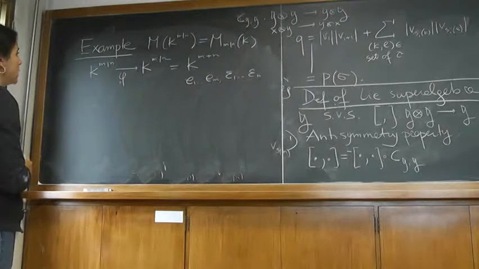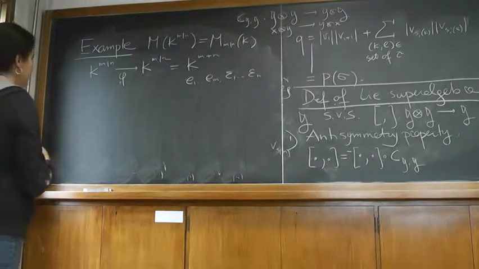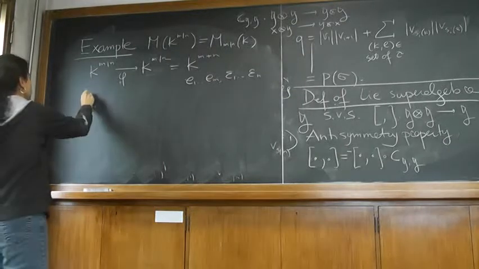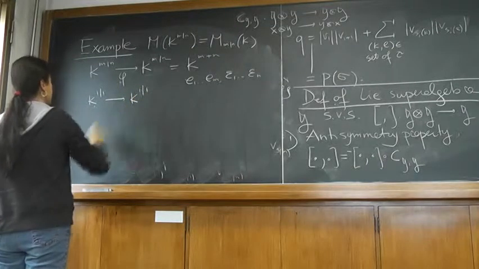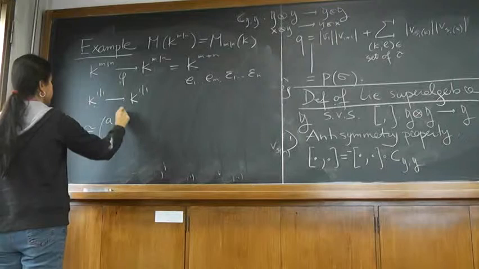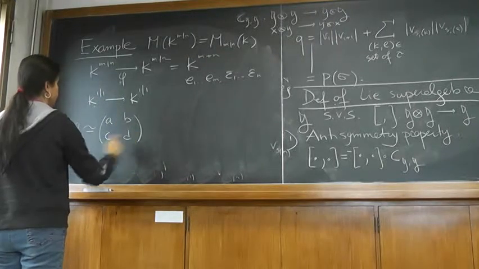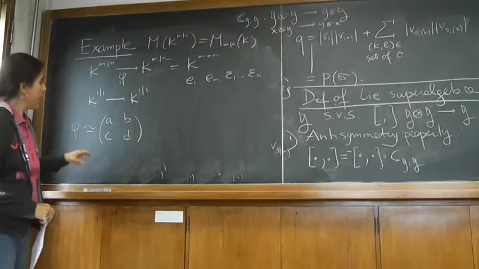Now, notice that, let's do an example, because it's really very stupid what I'm going to say. So phi corresponds to a matrix. So if you have a K2 from K2.